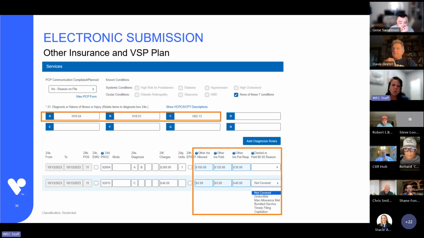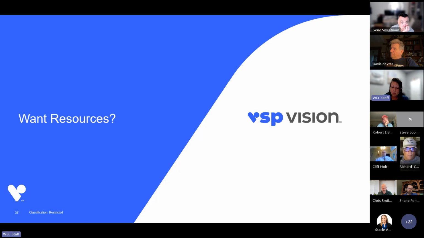So if there's a reason why the primary medical didn't pay, you have to tell them why. Now, if there's any payment at all from the other insurance, you don't have to drop down. But if there's a zero payment in that other insurance paid column, you have to click why, or that claim gets rejected.